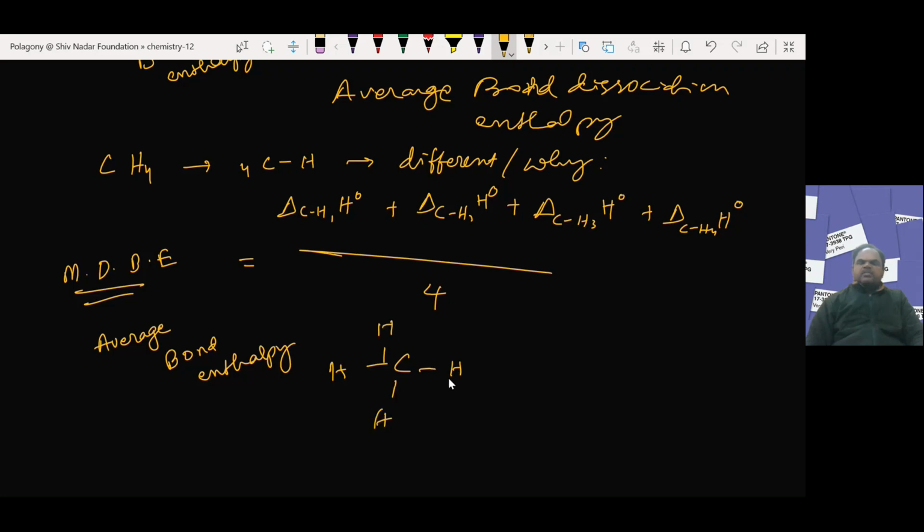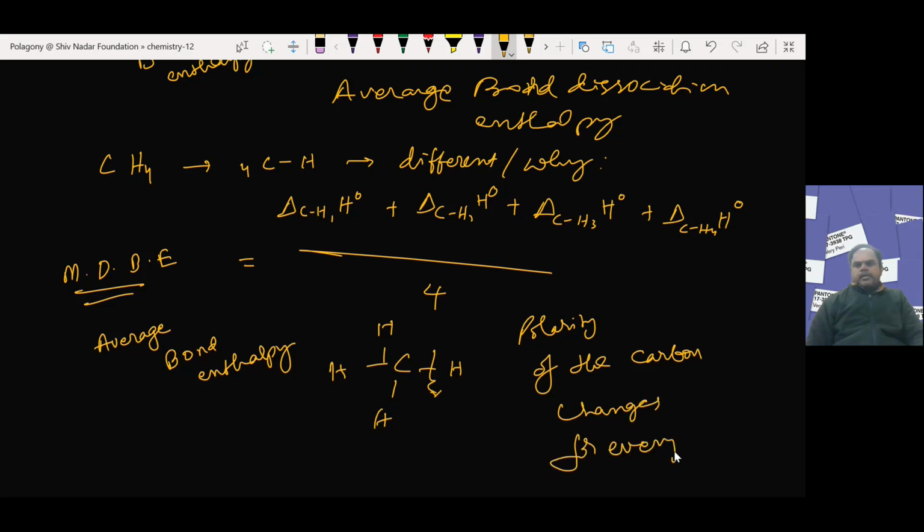If you break the first bond, then the polarity of the carbon, the central atom, changes for every bond that breaks.